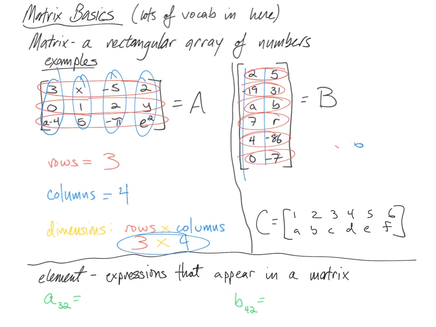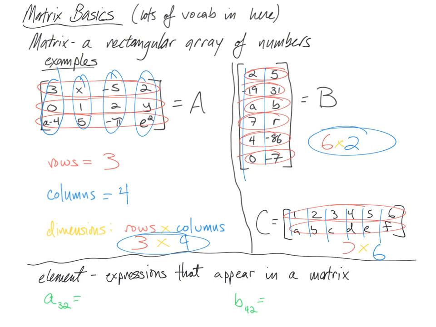I want to say 6 rows by 2 columns. 6 by 2. There we go. I guess I had example C on my mind. So matrix C only has 2 rows, and I think you can see it has 1, 2, 3, 4, 5, 6 columns. So this would be a 2 by 6 matrix, we would say. So that's how we define the dimensions of a matrix.